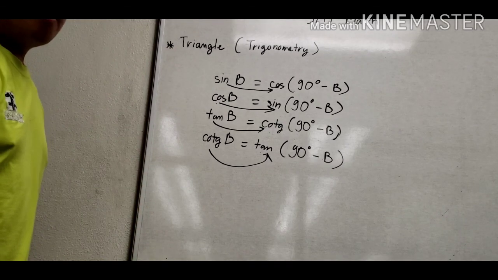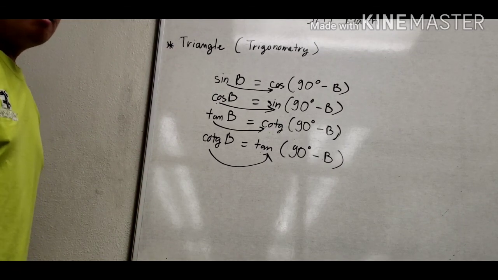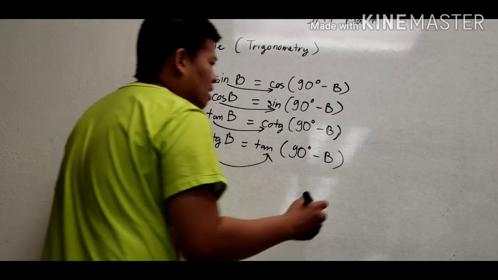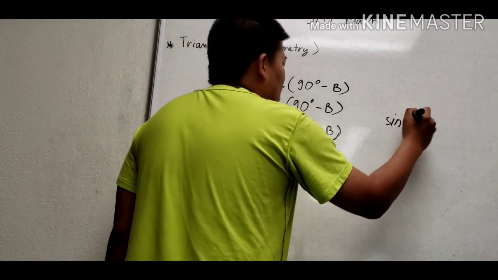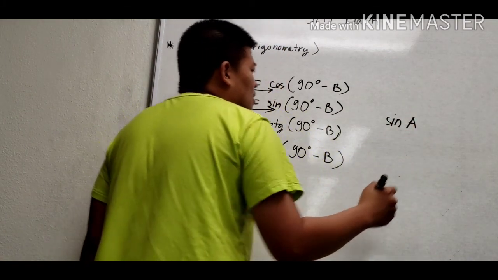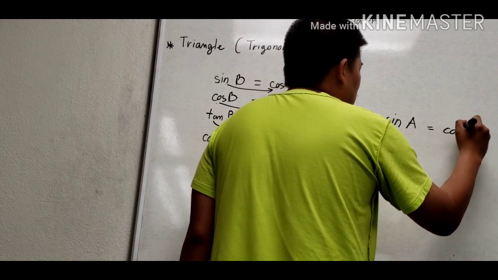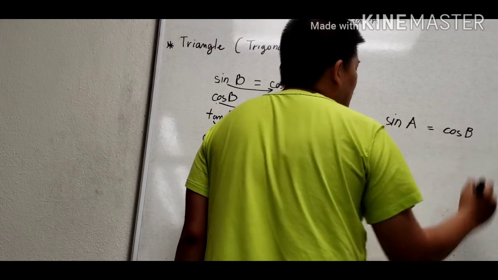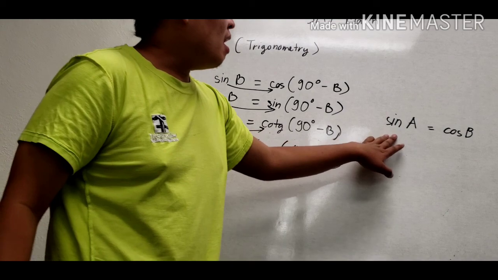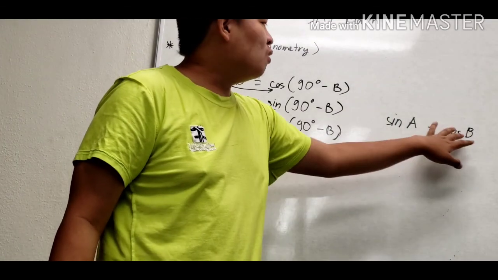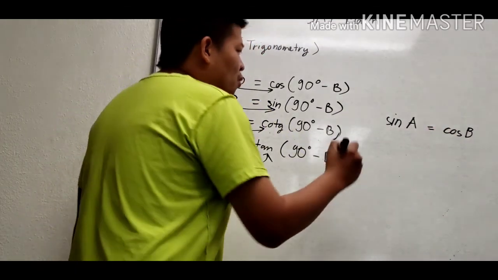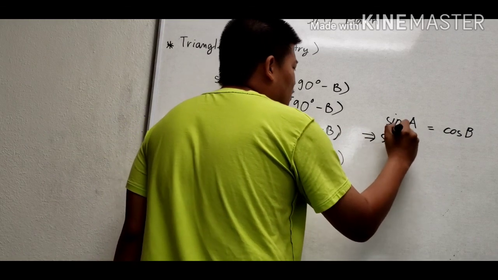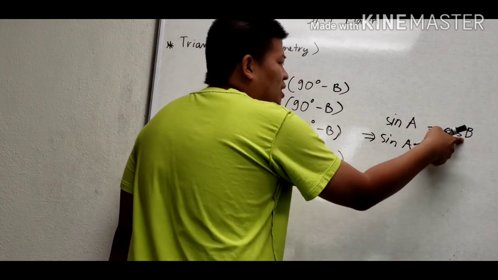This formula is so important for the SAT math. If they have a question like this, sine A will equal cosine B. Because we don't have a formula for sine equal to cosine, we transform the cosine in here.